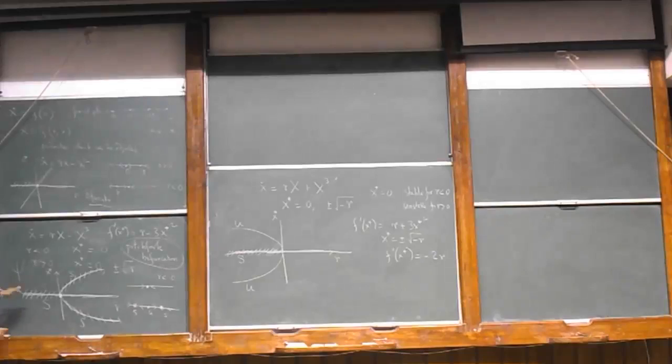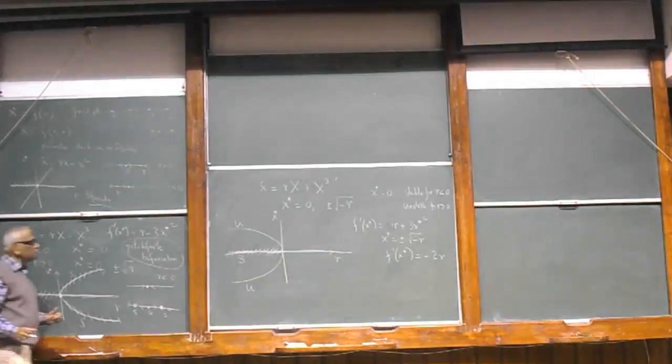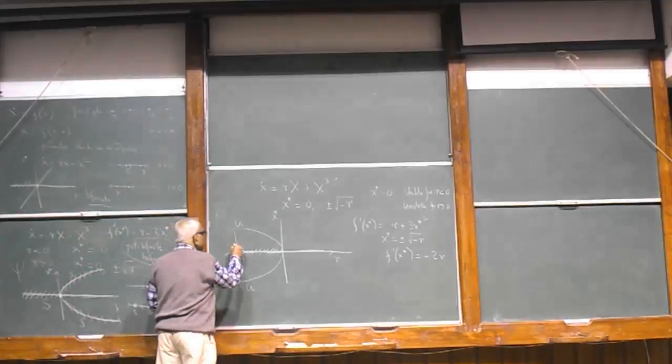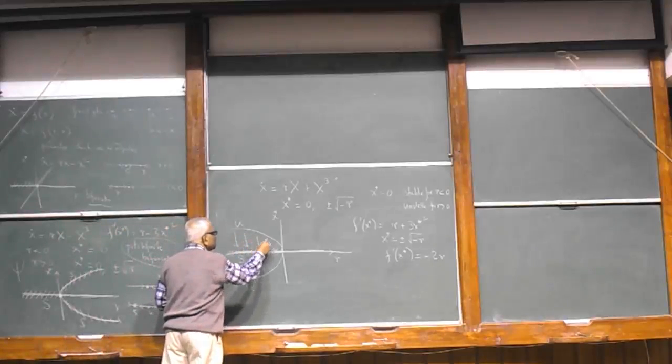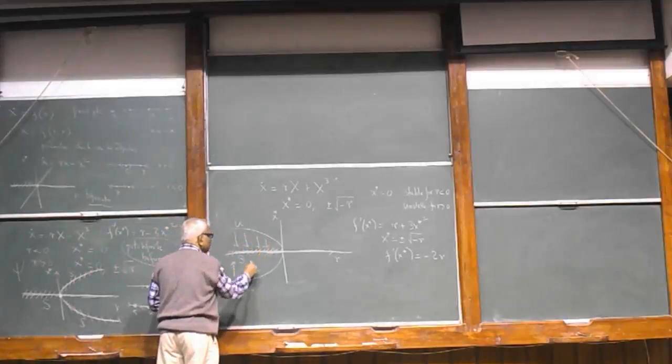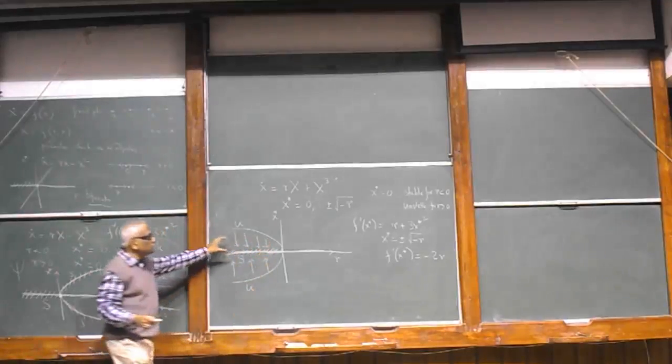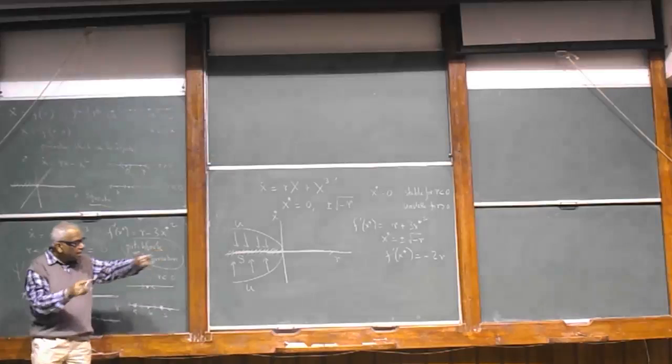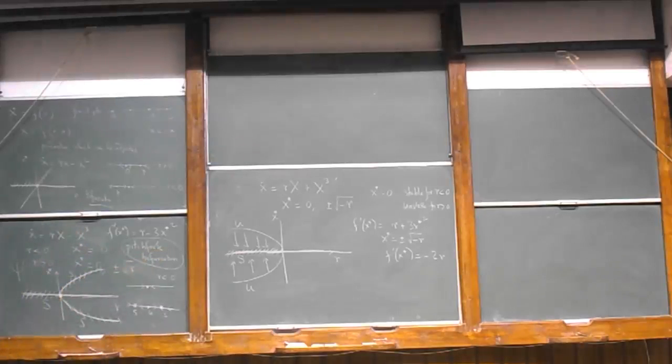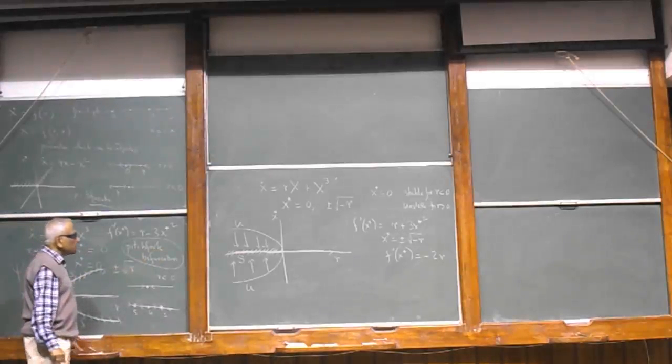Over here, wherever I started, I would land up at this fixed point. But over here, it is only this part and this part which is going to flow to this fixed point. So I still have a stable fixed point at x star equal to 0, but only with a limited basin of attraction.